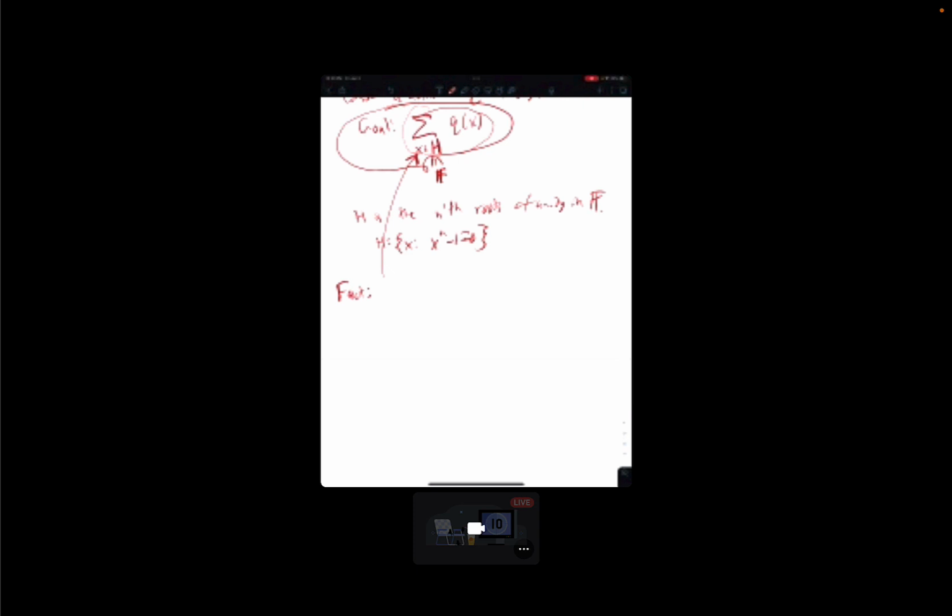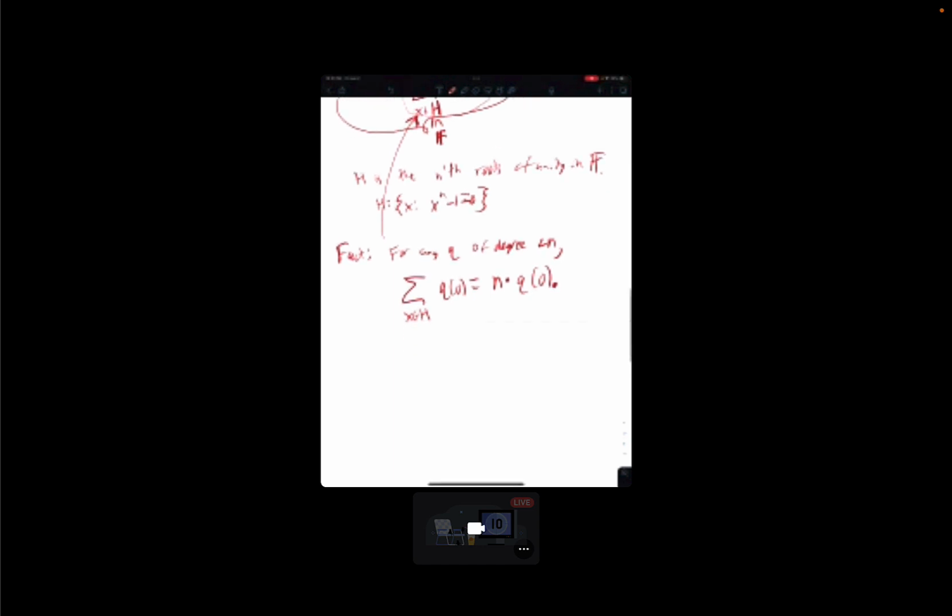The fact is, remember, for any univariate polynomial Q of degree at most n, let's say strictly less than n, summing up Q's evaluations over the nth roots of unity is equal to n times Q of 0.